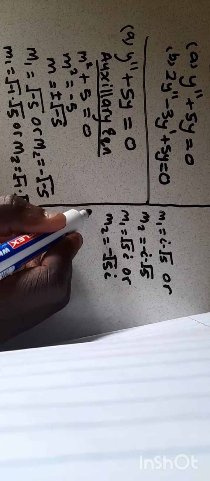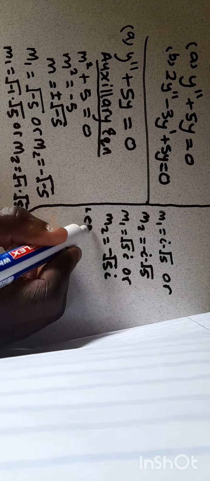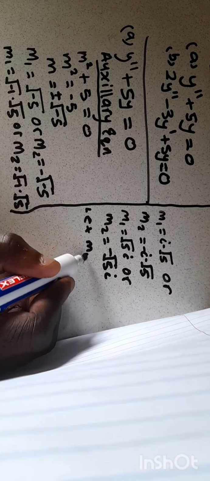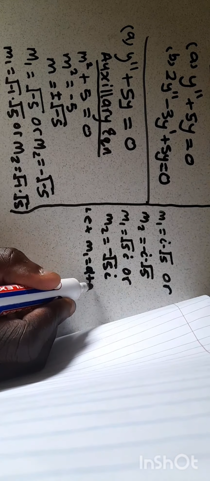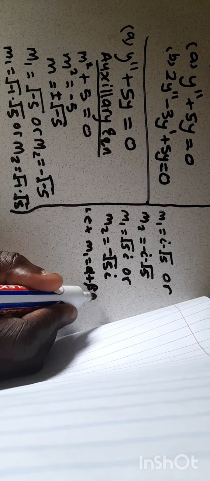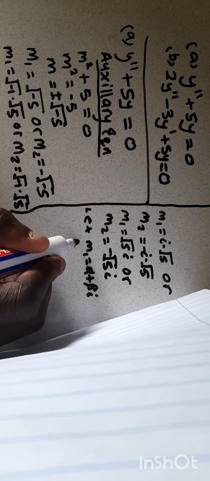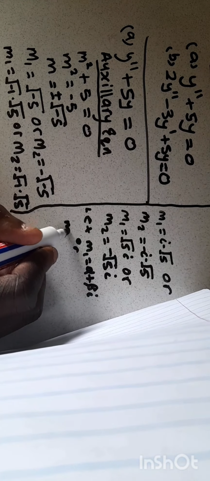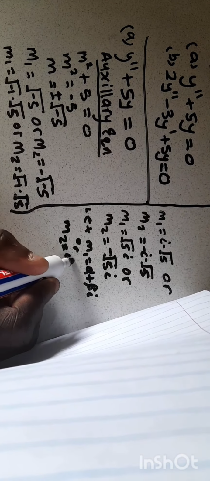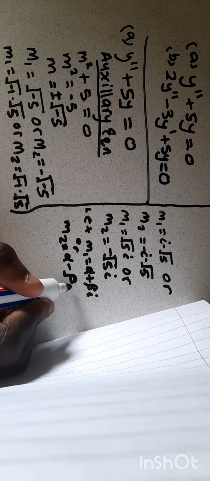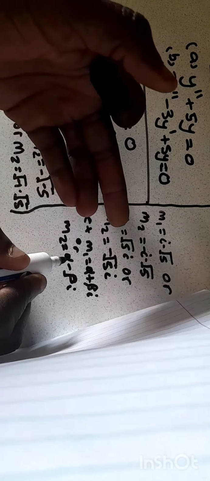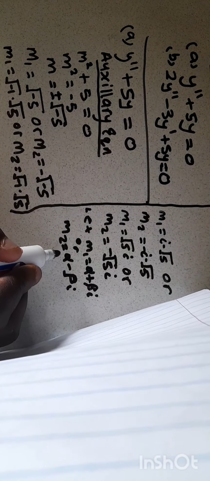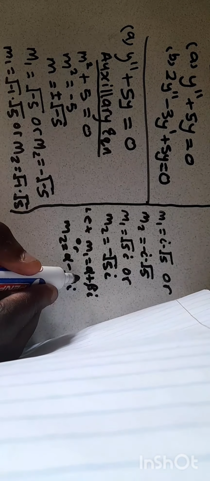So we can let m1 be alpha plus beta i, or m2 be alpha minus beta i. You can just compare m1 with m1 to get the values of alpha and beta.